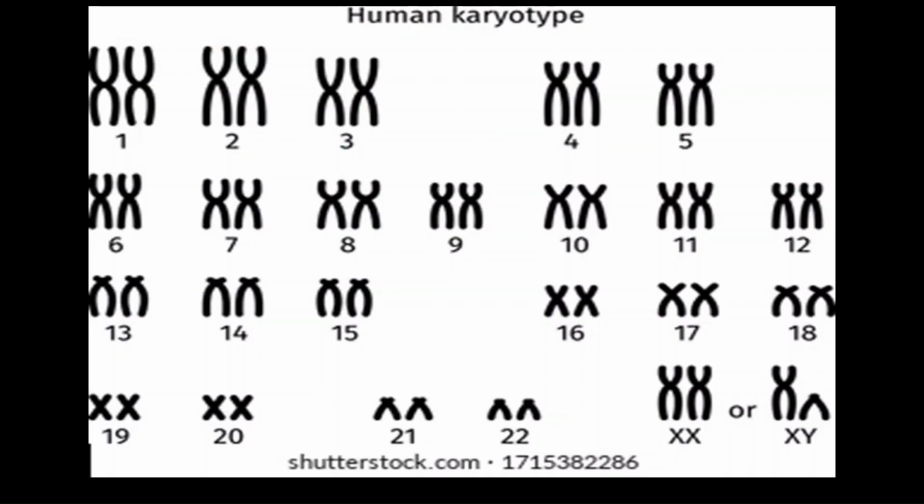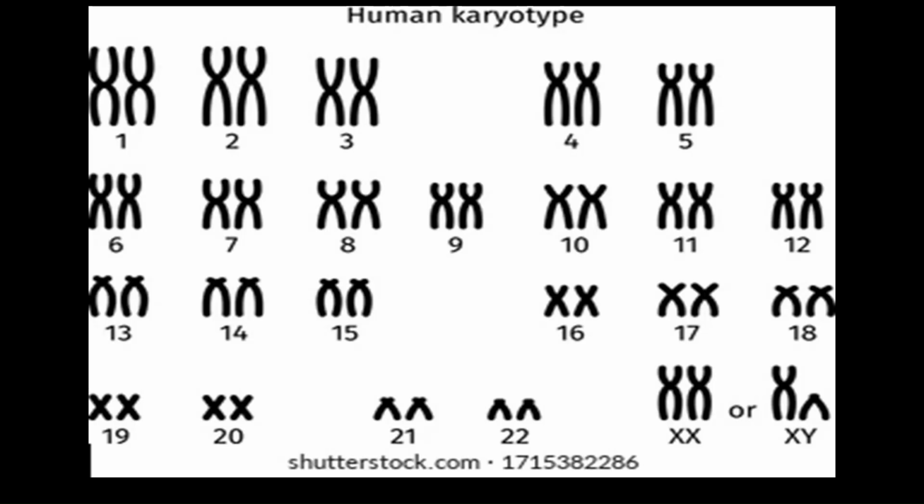So that is a karyotype of humans, and they are labeled or given positions, starting from 1 to position 23. Positions 1 to 22 are involved in the determination of the body of the organism. That is mainly the structural appearance of the organism. Whereas position 23 deals specifically with the gender, whether the organism will be a male or a female.